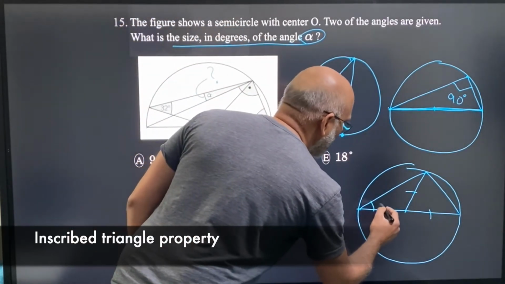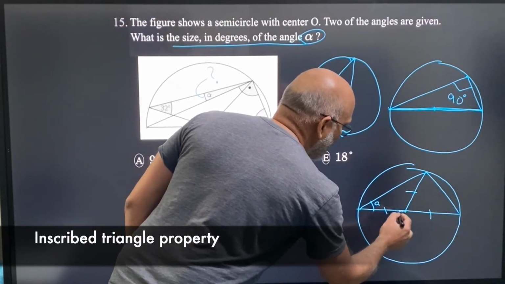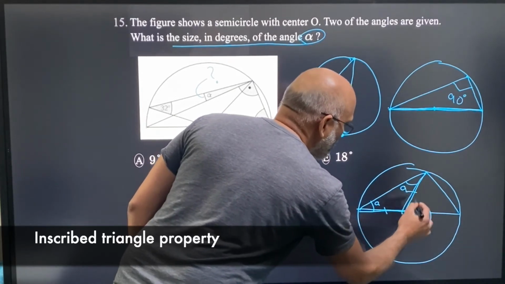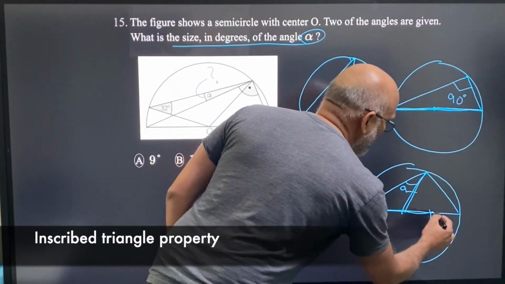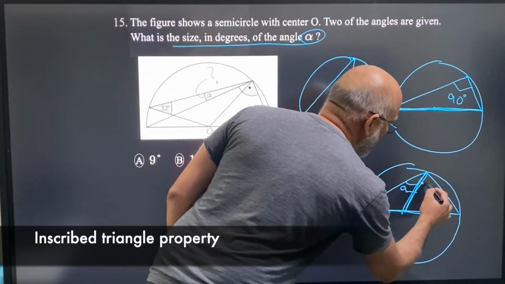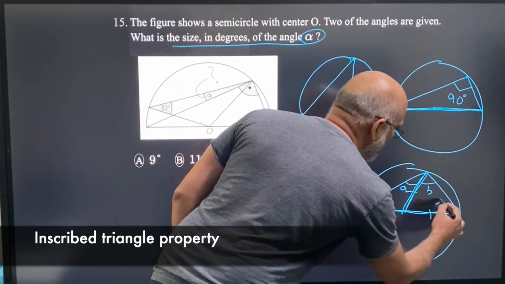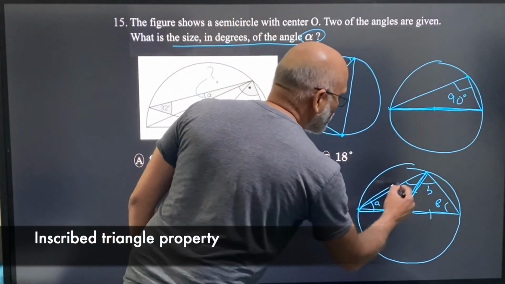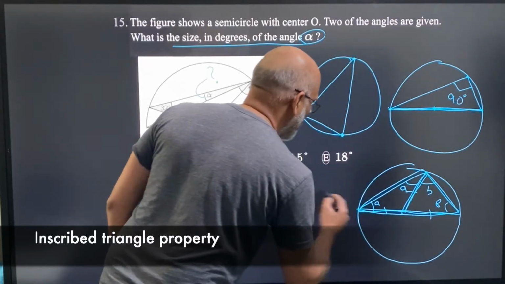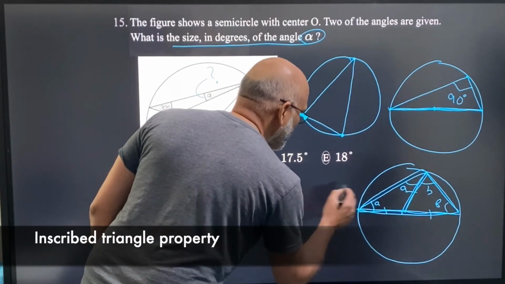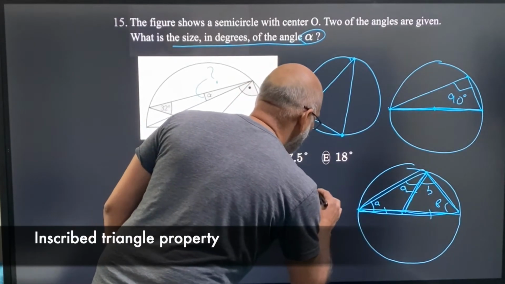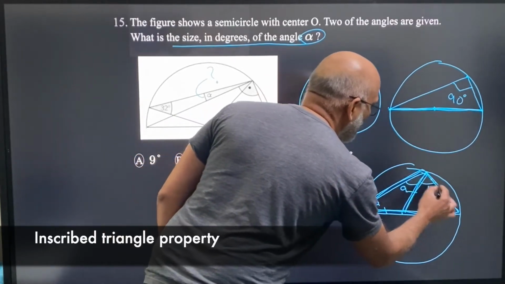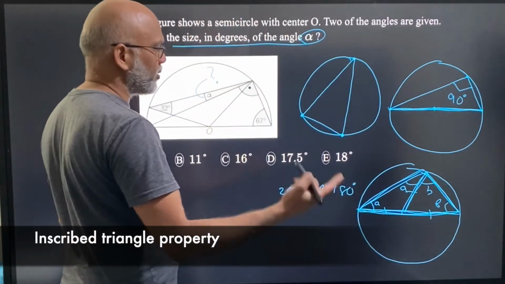Let me call this angle A. This length is the same as this length, so this is an isosceles triangle, so this angle also has to be A. This length is the same as this length, so this angle, if this is B, this also has to be B, right? Then if I add the angles of this bigger triangle, that is 2A plus 2B, they must add up to 180 degrees, right? The three angles of a triangle add up to 180 degrees.